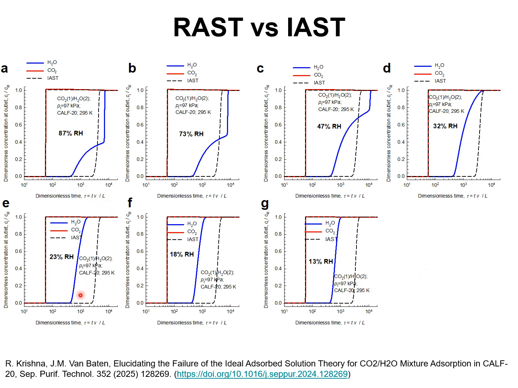The dashed lines are the simulations in which the IAST is used for determination of mixture adsorption equilibrium, and the colored lines are the ones corresponding to the RAST used for determining the mixture adsorption equilibrium.